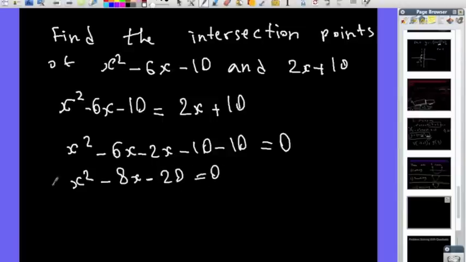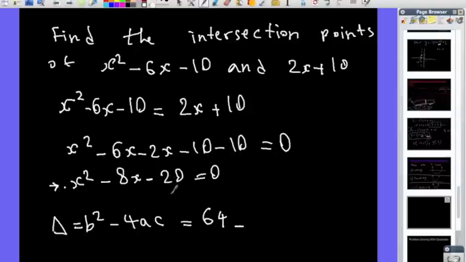So now you're left with one equation, right? What you do is write delta equals b squared minus 4ac. And we know that b is 8, so b squared is 64, minus 4 times 1 times negative 20, which gives us plus 80.